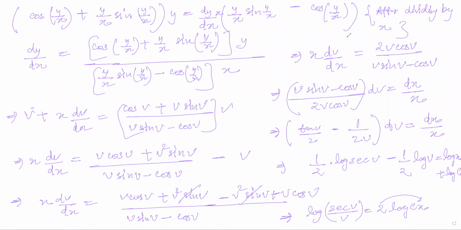See, at this point, this is variable separable, because you can take all of the v with dv and all of the x with dx. So what homogeneous DE is doing, basically, is changing your non-variable separable form to variable separable form.